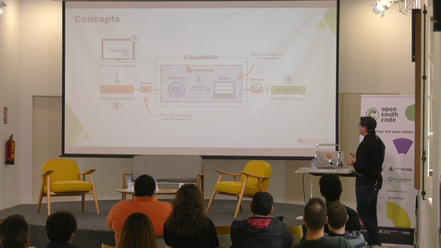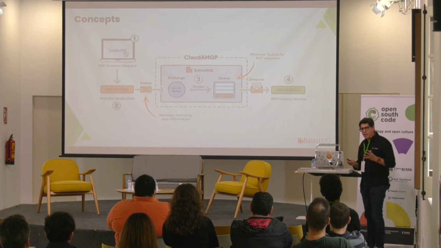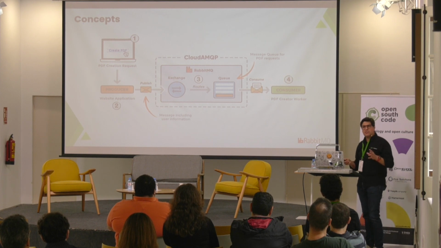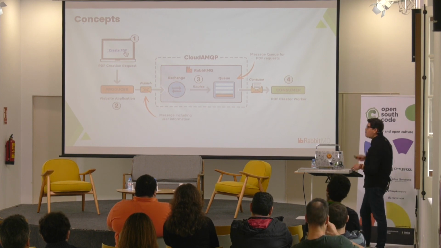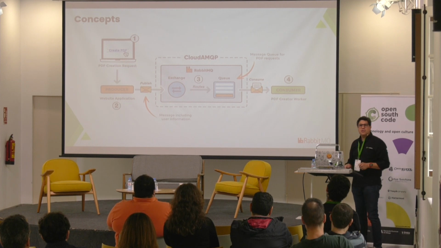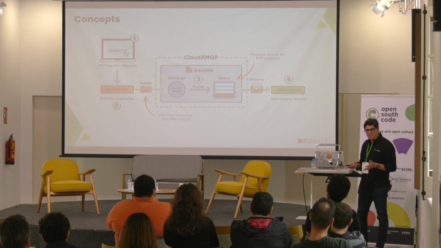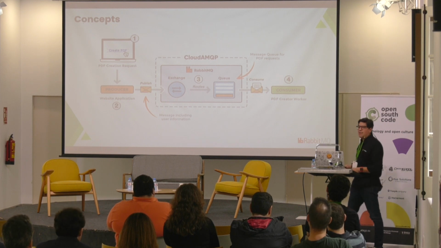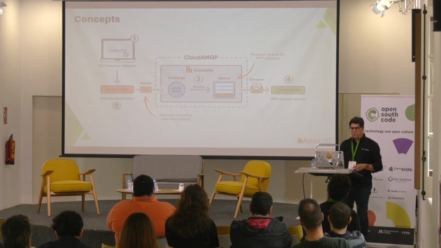It goes into an exchange that we're going to talk about, and this is like the post office. The exchange is in charge of routing that message to different post boxes, which can be the queues. And then, of course, we have our consumers that are going to be receiving from those queues.